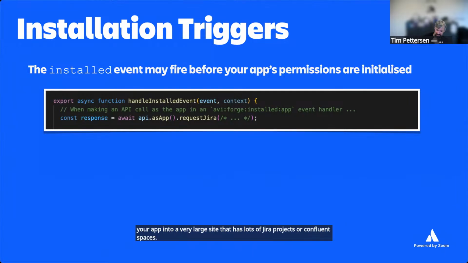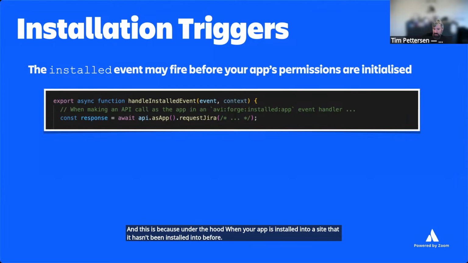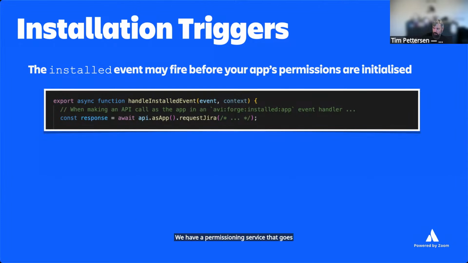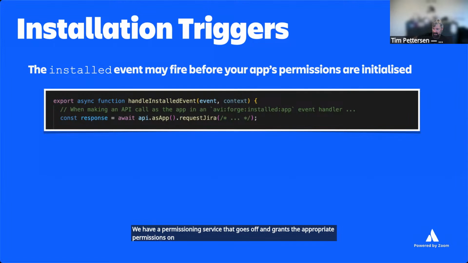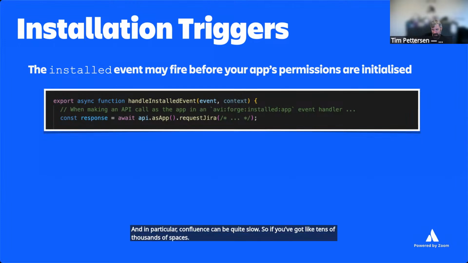This is because under the hood, when your app is installed into a site that it hasn't been installed into before, we have a permissioning service that goes off and grants the appropriate permissions on all of the domain objects in that particular site. In particular, Confluence can be quite slow. If you've got tens of thousands of spaces, then it can take minutes for your app's service account to get all of the appropriate permissions.